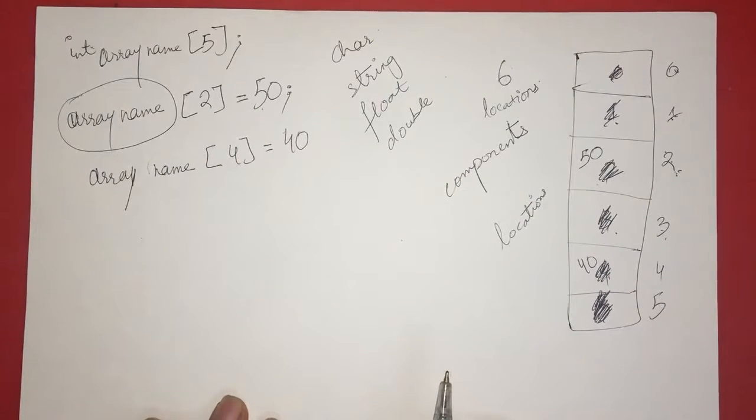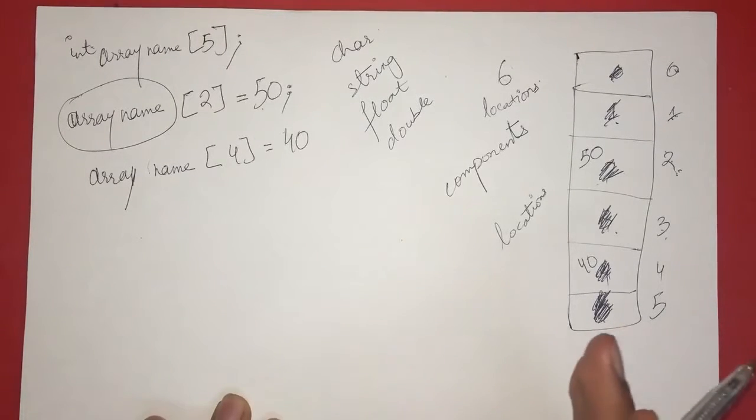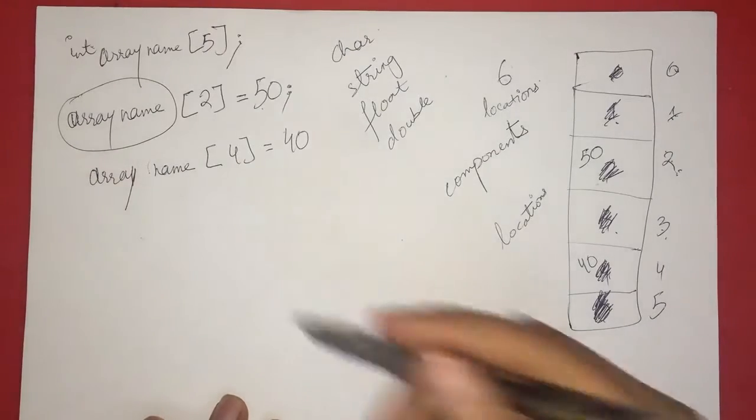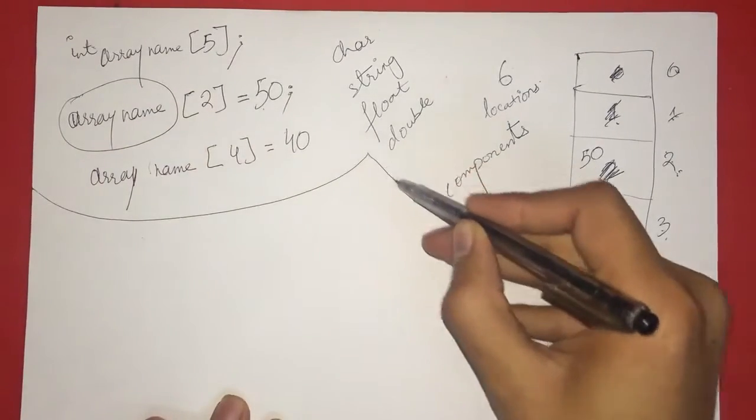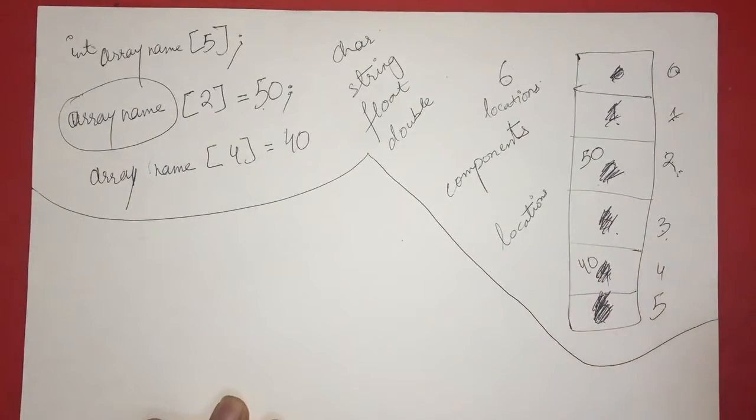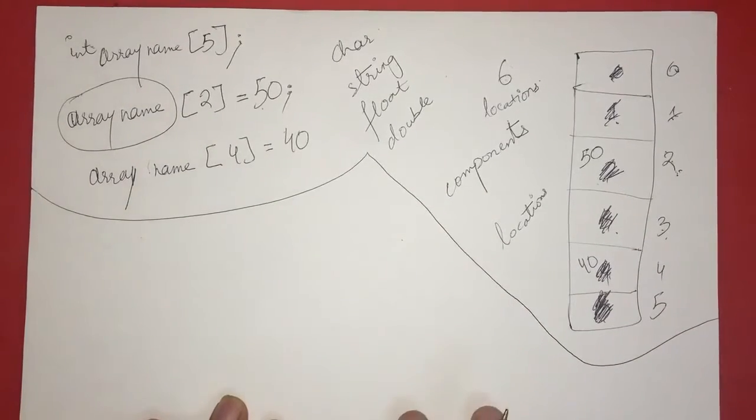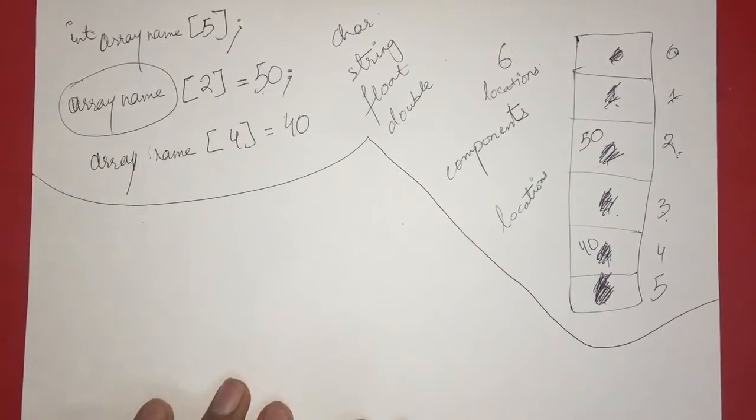So this was all about how you declare an array, how you initialize an array, how you alter and how you access different components of the array. So now, coming towards the program the teacher gave us today.